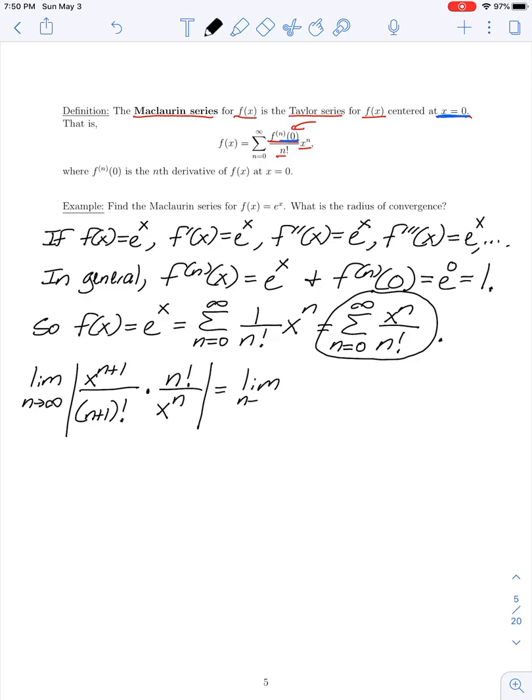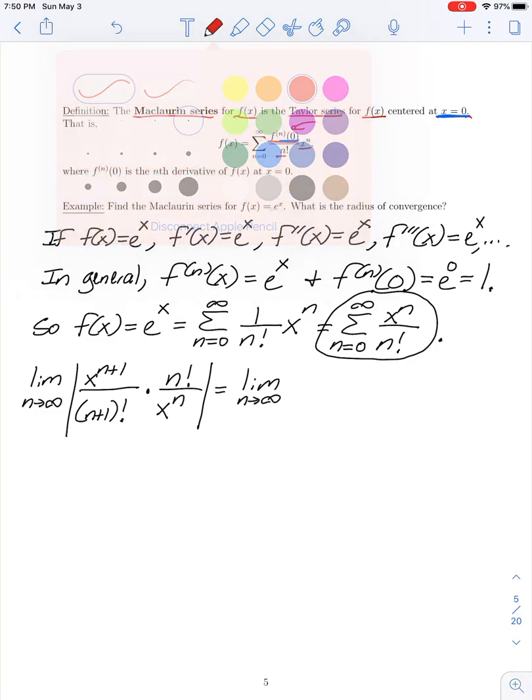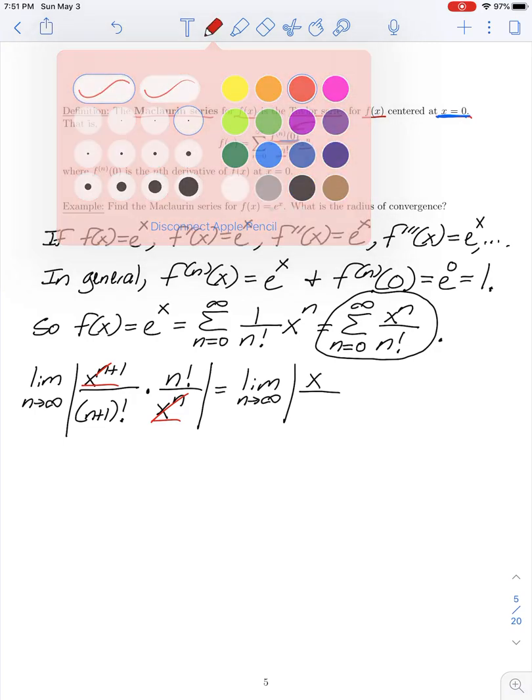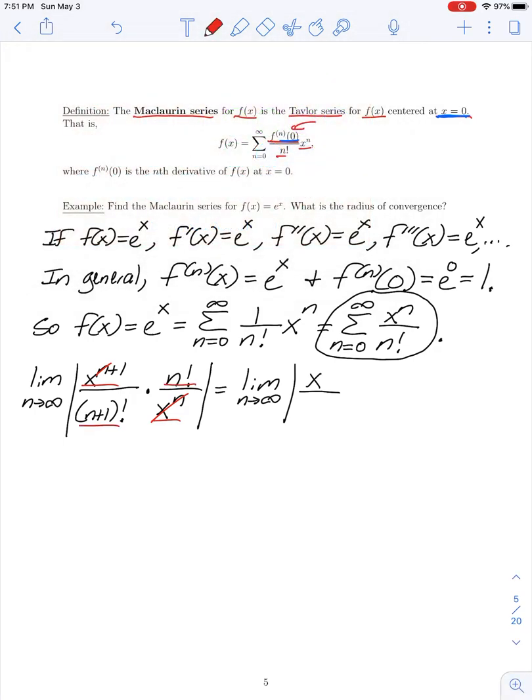So this gives us the limit as n approaches infinity of, well, we have x to the n plus 1 over x to the nth. Canceling n powers, we're left with x for our numerator. And then we have n factorial over n plus 1 factorial, which reduces to 1 over n plus 1.